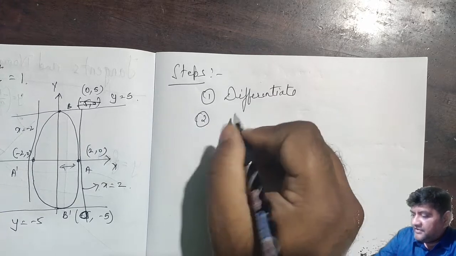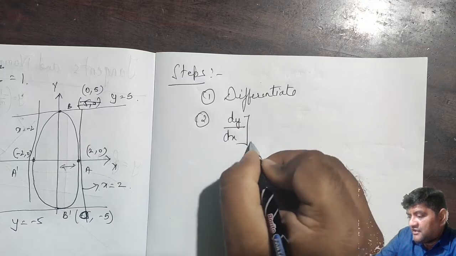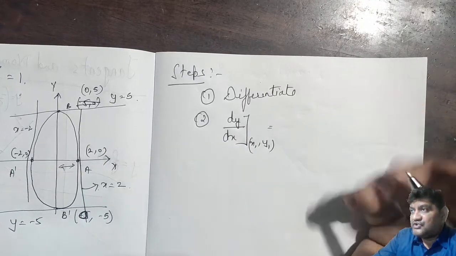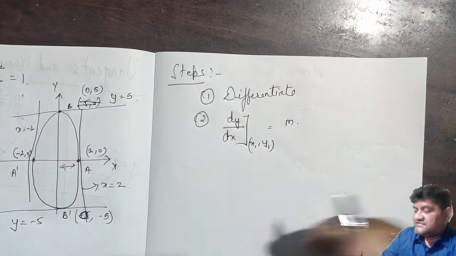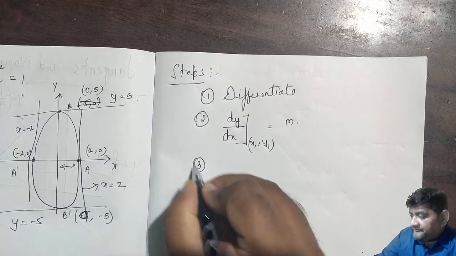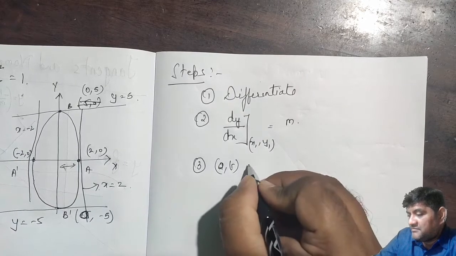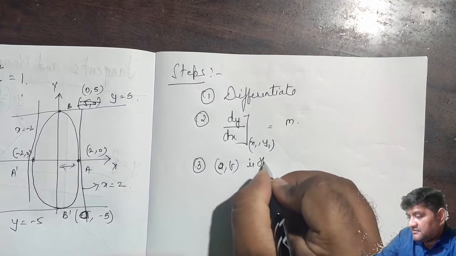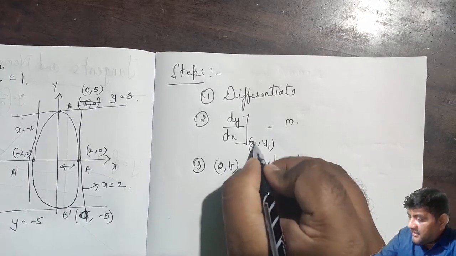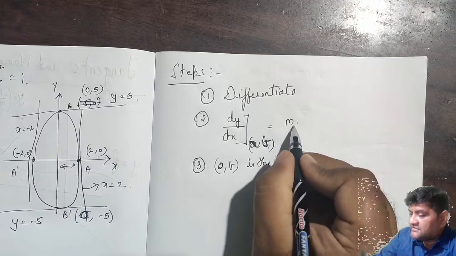The second step is dy by dx at that particular point x1 comma y1. Now this is to find the equation of the tangent itself. That's the slope. He would have given you the point. Let's take the point as a comma b. So in this case, it's going to be dy by dx at a comma b. Then I get the slope.